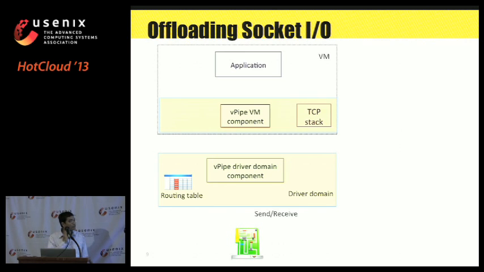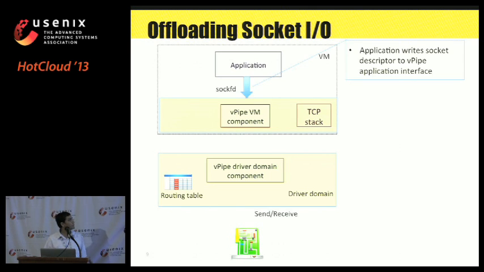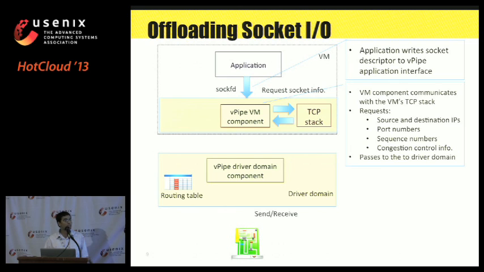The application should first establish a connection using either the accept call or the connect call. So now it has a valid socket and a socket file descriptor. It sends this socket file descriptor to the vPipe VM component, and it contacts the VM's TCP stack to get some information.